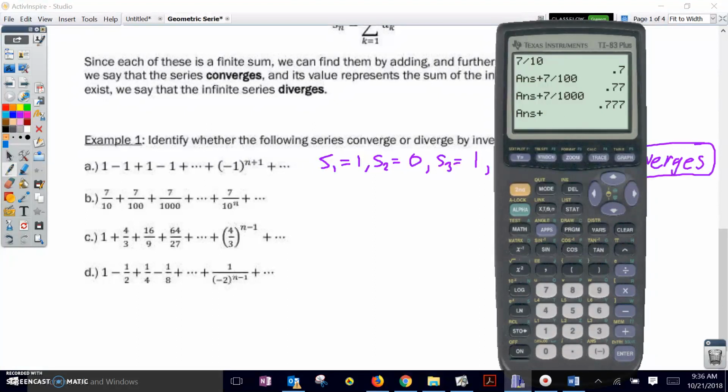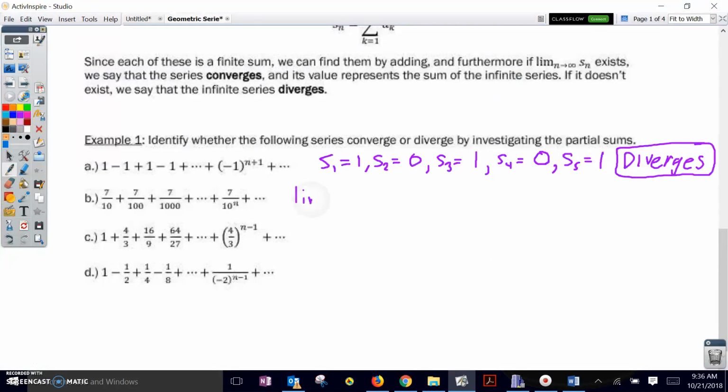And then we add 7/10,000ths. And so you see with each successive term added to the series, our partial sum is getting closer and closer to 0.7 repeating. So the limit as n goes to infinity of our partial sums is 0.7 repeating. Since that approaches a particular finite value, we will say that this series converges.